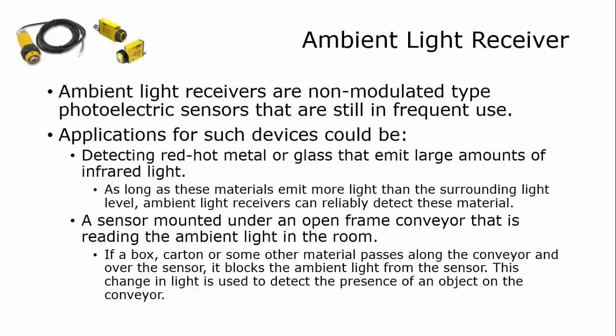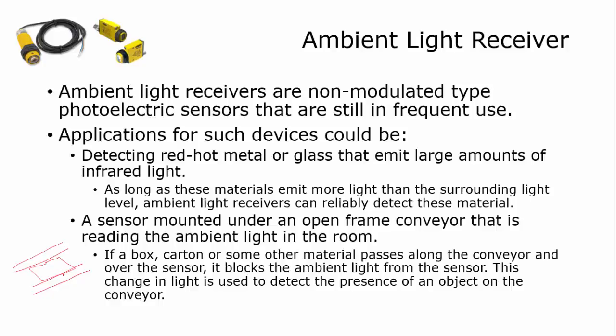The other place that they're used is in open frame conveyors. Now, an open frame conveyor, for those who are fairly new to the automation world, is a conveyor where on the top of the conveyor you want to have a solid belt. You might have two straps for a belt, and product comes down, and then there's an open space right here.